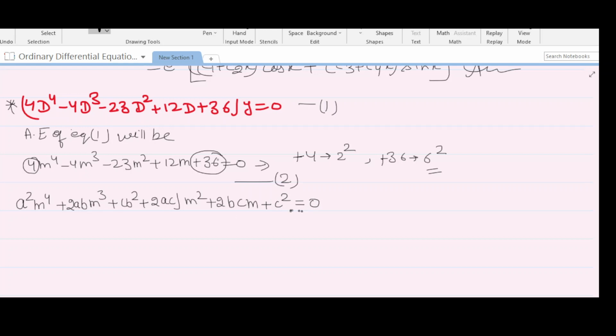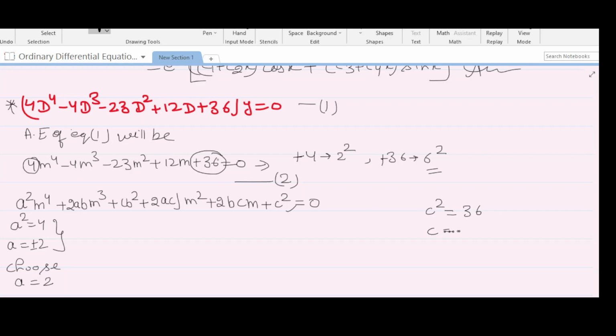Okay, so when we compare, we will get the value of a square equal to 4. That means the value of a will be plus minus 2. Here we have to choose a equal to 2, that means the positive value, right? Again, here we will have the value of c square equal to 36.